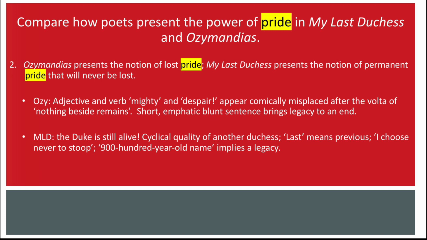Sentence starter number 2, and so paragraph number 2. Whereas Ozymandias presents the notion of lost pride, My Last Duchess presents the notion of permanent pride that will never be lost. So what's my evidence for this? Well, in Ozymandias, we rather build up to a bit of a climax with a very powerful adjective and a very powerful verb about how you must look upon my works, ye mighty, and despair.